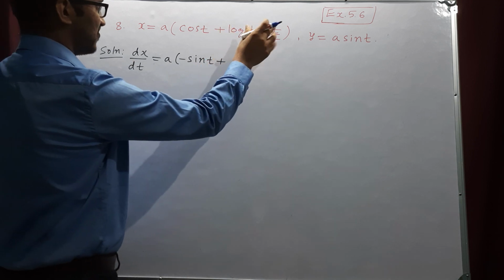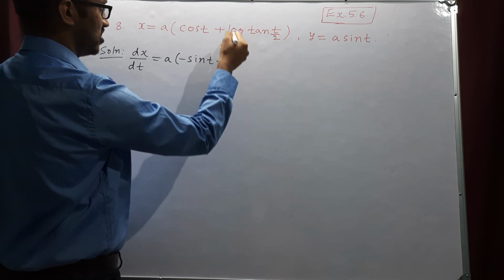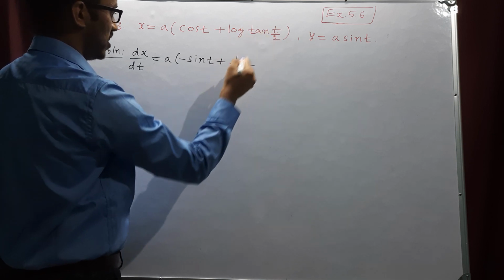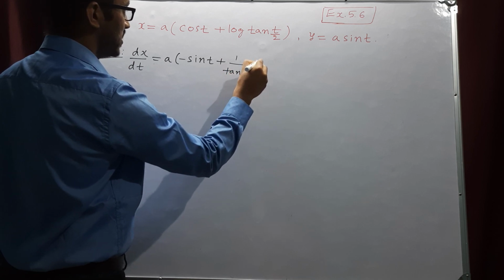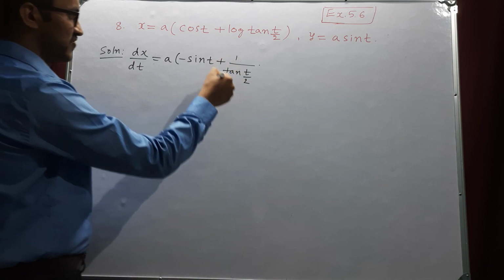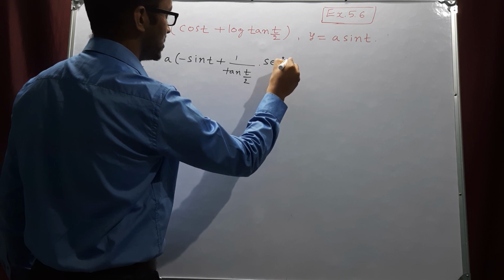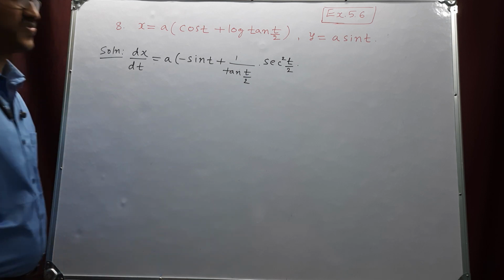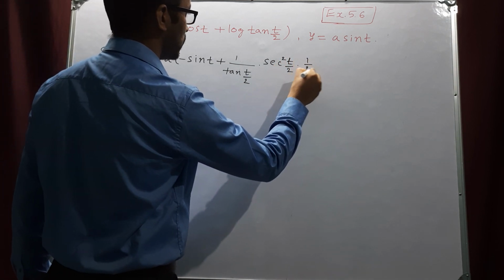Differentiation of log x means 1 by x. So log is the outer function. So 1 divided by the inner function, that is tan t by 2. Again the derivative of tan t by 2, that is the derivative of the inner function, secant square t by 2. Again the derivative of t by 2 becomes 1 by 2.